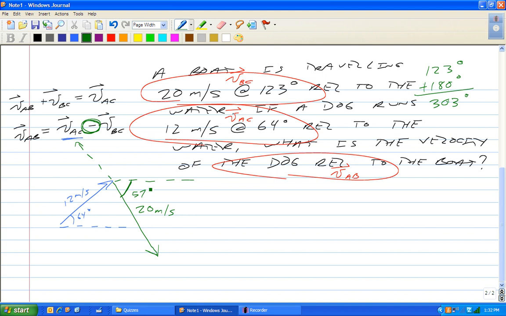It's 57 less than 360. Why does that matter? You'll see in a second. So that's BC. Now, what's unknown then is the sum of those two vectors. The vector sum starts where we started and ends where we ended up. So it looks like that.